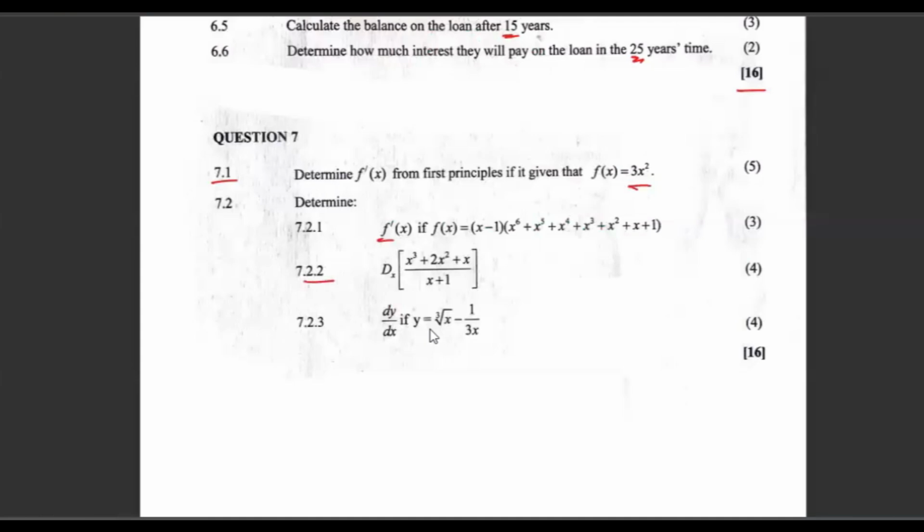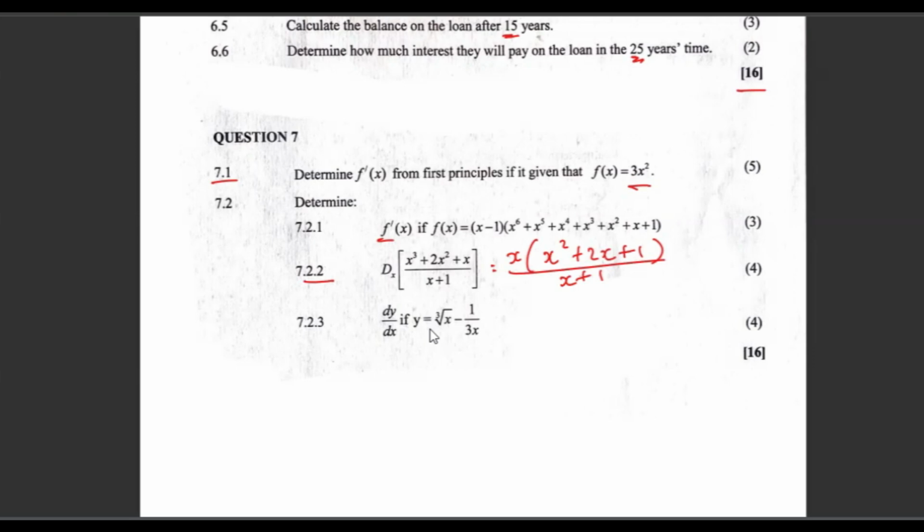7.2.2, they want the derivative of this. So whenever you have such, factorize out what seems to be common. On top, I'm seeing some bit of x. Something is common. So I'll have x into x squared plus 2x plus 1. Everything is over x plus 1. Okay, I can still factorize the top one, but that's the same as just x plus 1 squared.